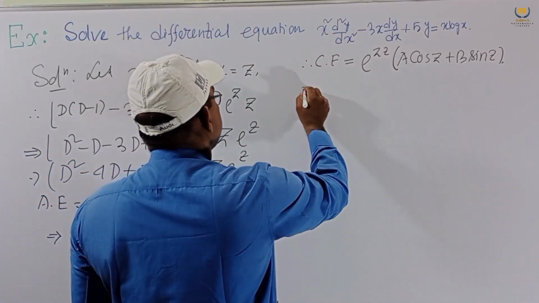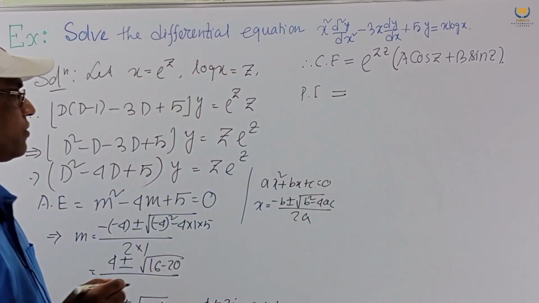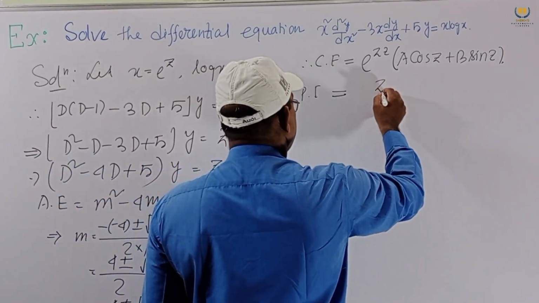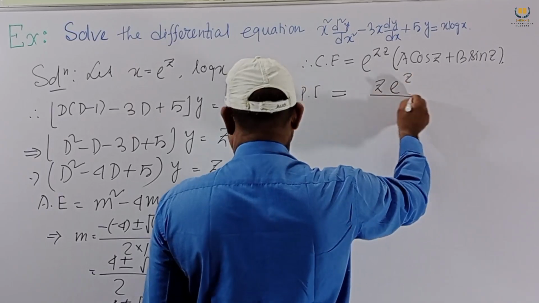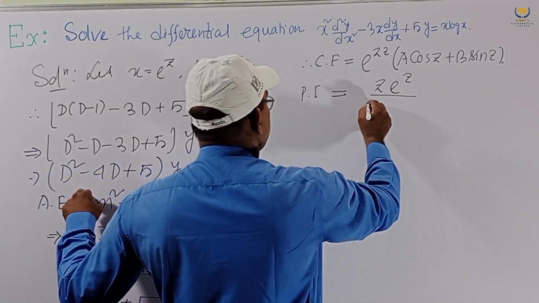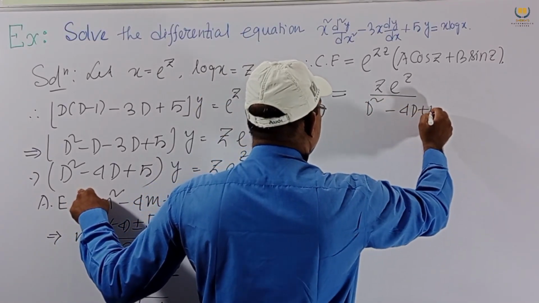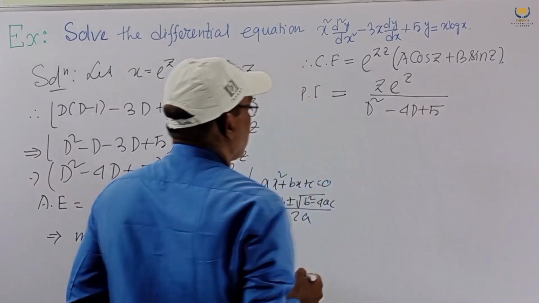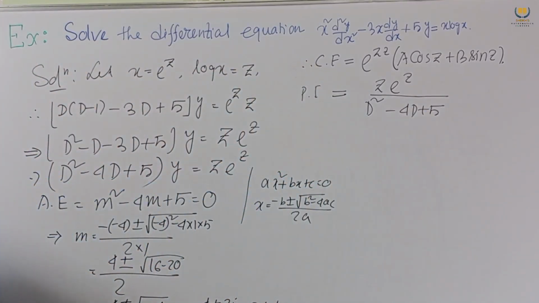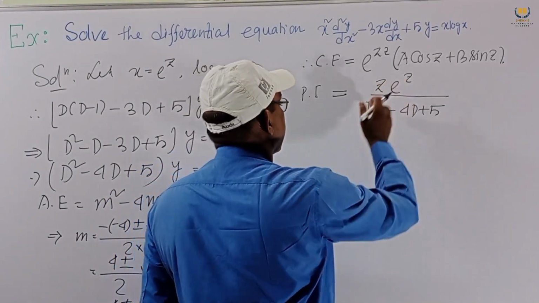Now the particular integral equals the right hand side divided by D squared minus 4D plus 5. Now here we get an algebraic and an exponential.